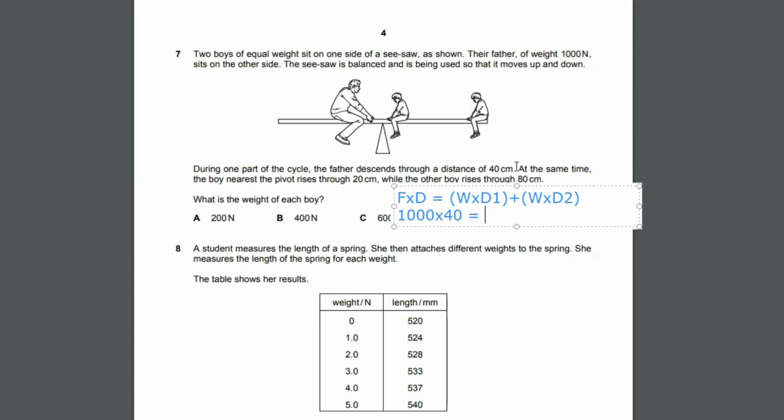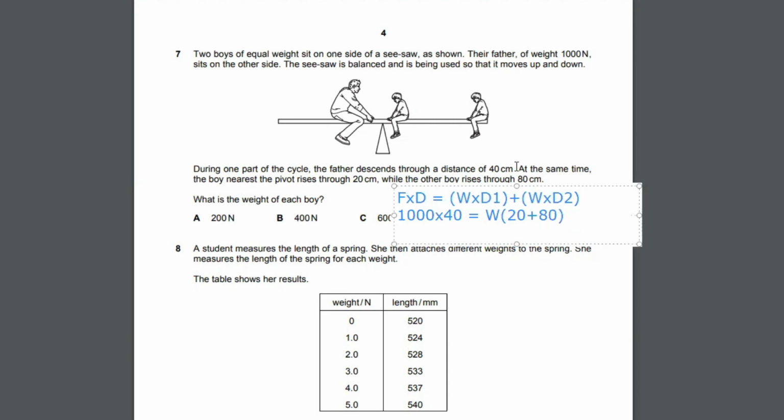So we will take W as a common factor and then add D1 and D2, which is actually 20 and 80.